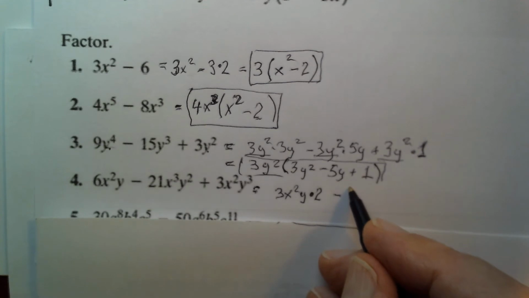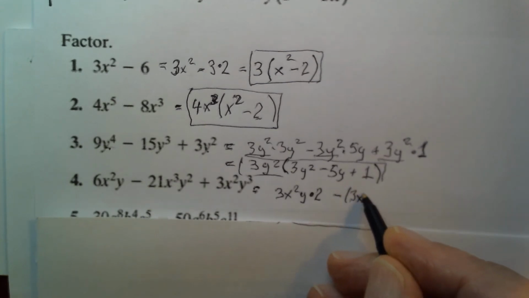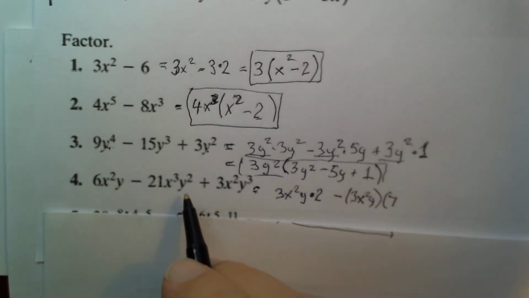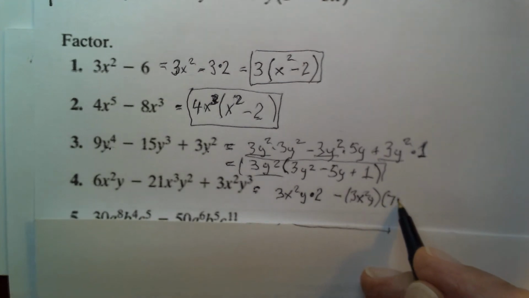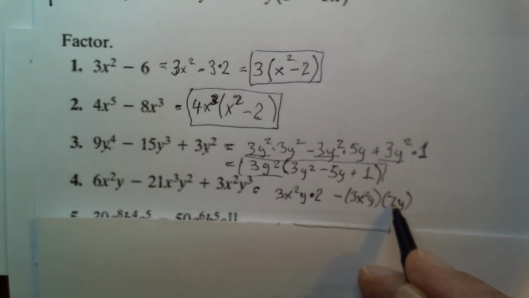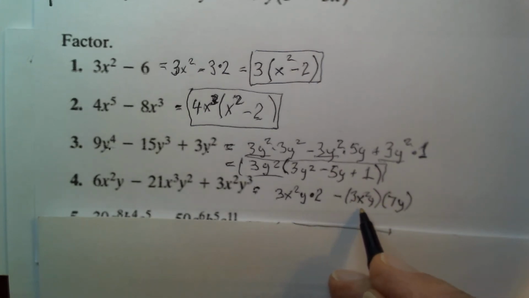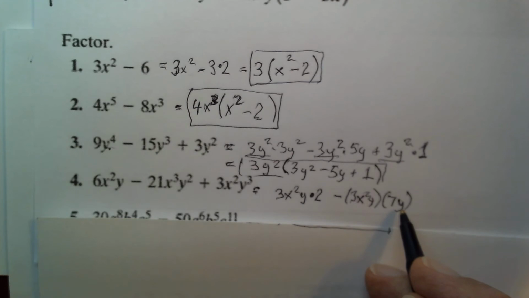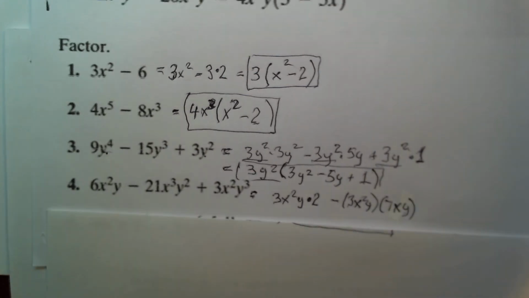So 3x squared y times 7, and we have a y. Because when we multiply these two monomials, we get 21 with a minus sign, and x squared, we need another x here, times 7xy, again that's 21 with a minus sign, and x squared times x is x to the third, and y times y is y squared.